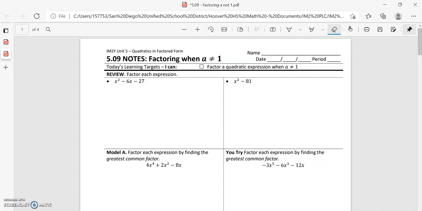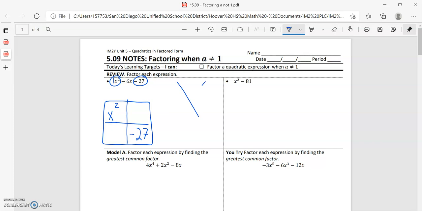Let's go through and factor them first. So our a is in fact 1, we know that now. We're going to go into our box, and I'm going to introduce something new today. So this term goes in our first box, our last term goes in our bottom right box. And today, I'd like us all to do a big X. In the top of our big X, it's A times C, not B. A times C, and down here will be our B value.